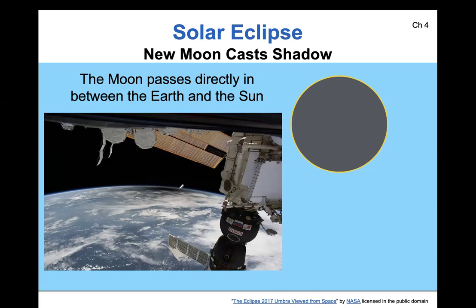The atmosphere itself is very thin compared to the size of the Earth. Only about 100 kilometers as compared to six thousand for the radius. But there we have the shadow of the moon. The moon is really a great distance away, right? The moon is way, way up here.